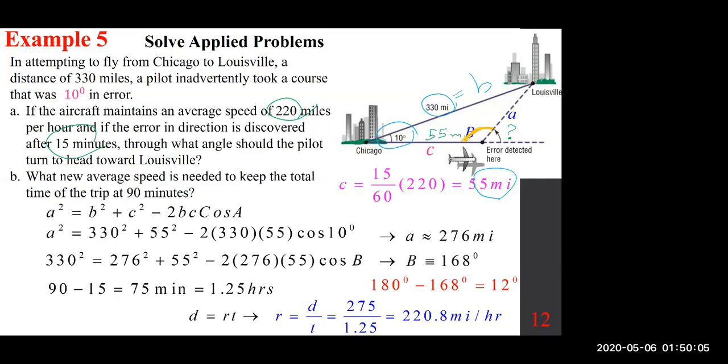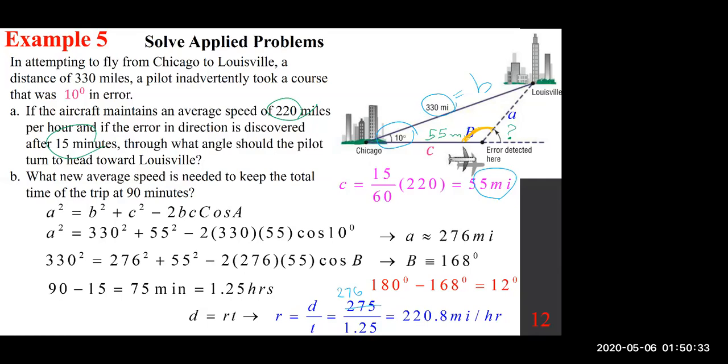D equals RT, that means R is D over T. Distance is given as A being 276 miles. Okay, class, this is a rough number. You can double check to see if it's correct or not. But in any event, 276 roughly, okay?